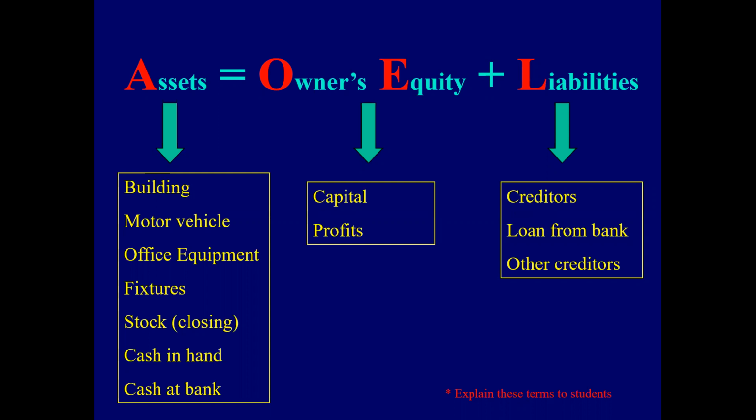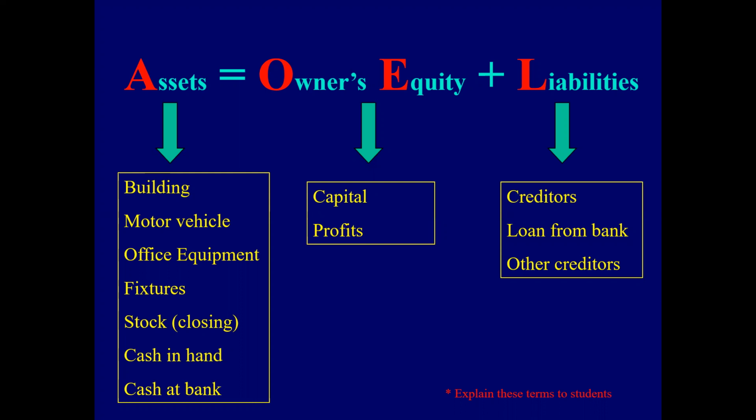For example, you purchase one machinery on credit. You purchase raw material from Reliance company on credit. Later on, after six months or eight months, you are going to pay back that money.